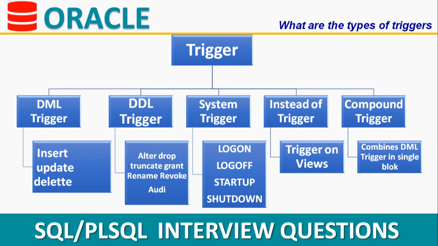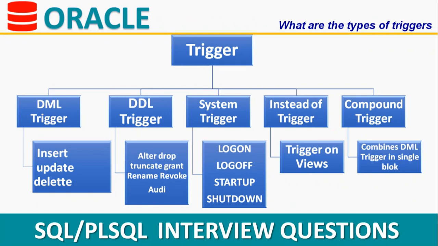Next are system event triggers. These help if someone is trying to log in prior to business hours. The bank starts at 9:30 AM, so if someone tries to log into the system prior to 9:30, it needs to be restricted, and they get a pop-up saying you are working in non-business hours.